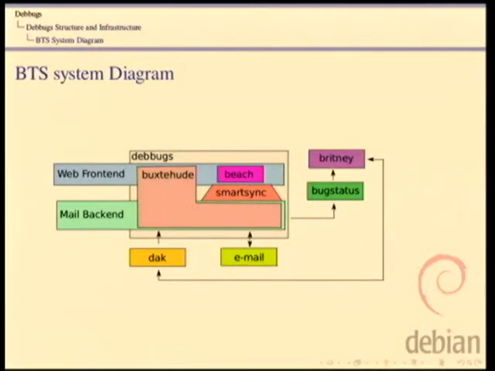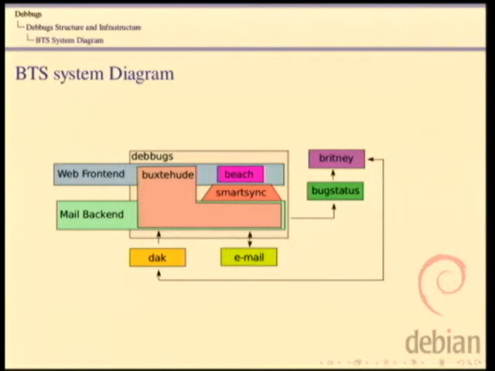The other aspect of debbugs is a web front end. And that's what displays information on what bugs are in which package and the bug logs that you can interact with. And it's also mirrored onto another machine called Beach so that it's ideally slightly faster to interact with.